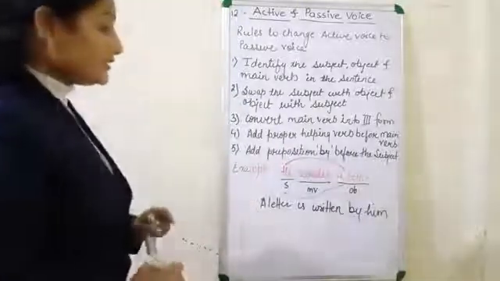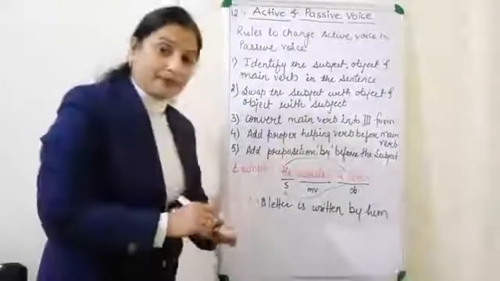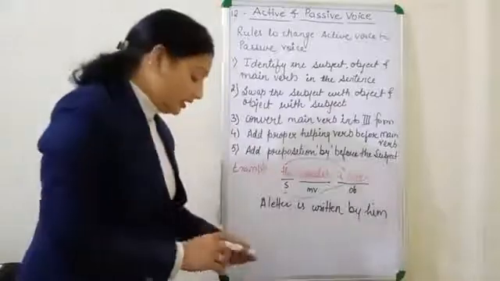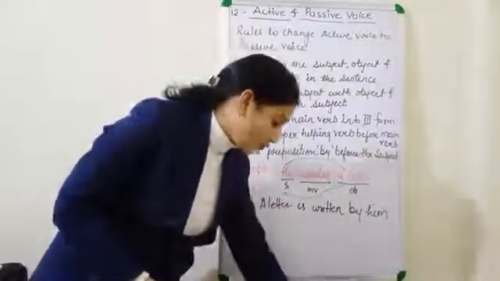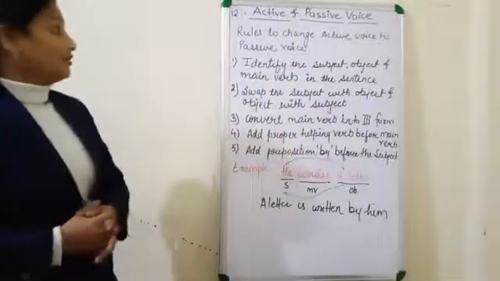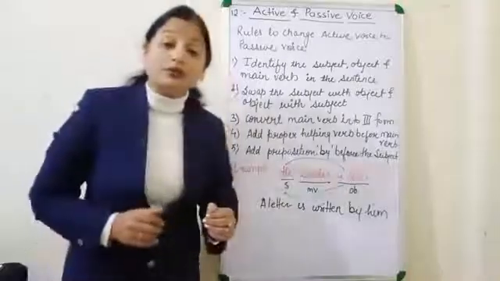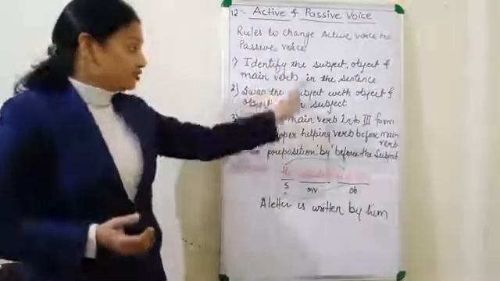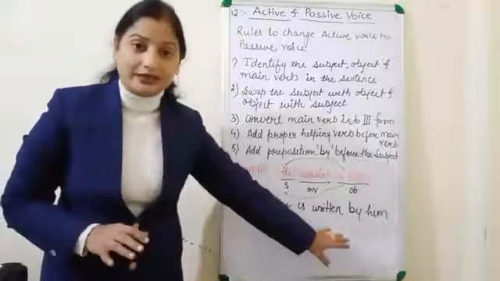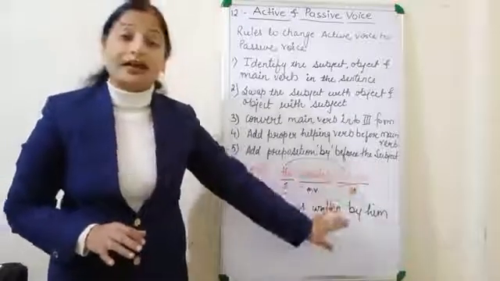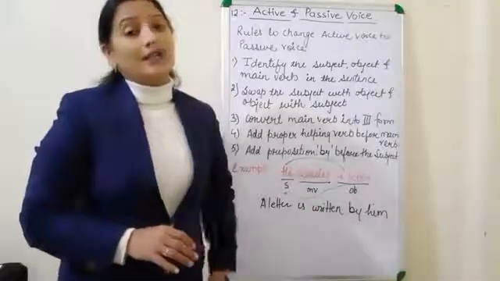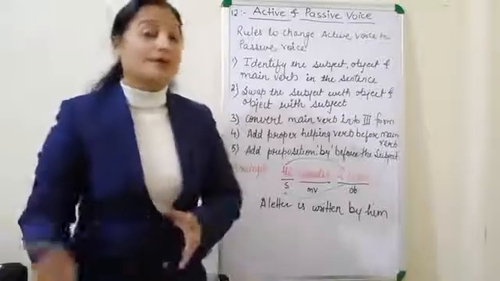A letter is written by him. Okay. Now, this is your complete passive voice. Okay, children. Now, I think this much is clear for you to understand what is the meaning of active and the passive voice and how we can change the active voice into the passive voice.